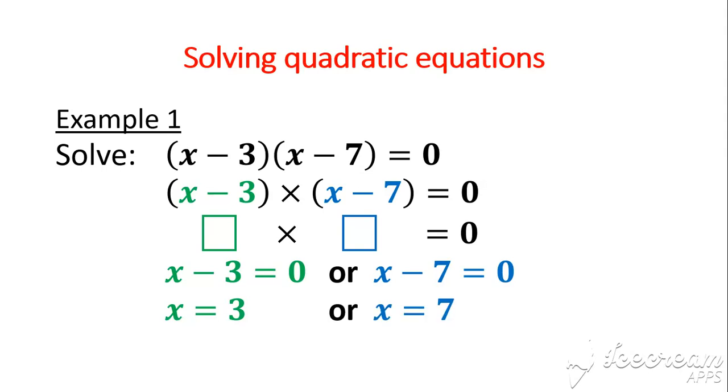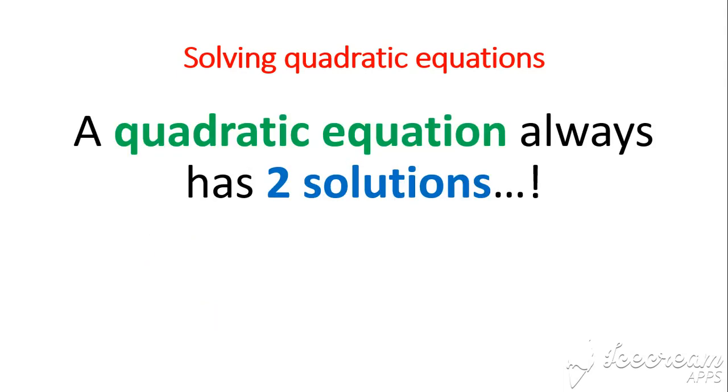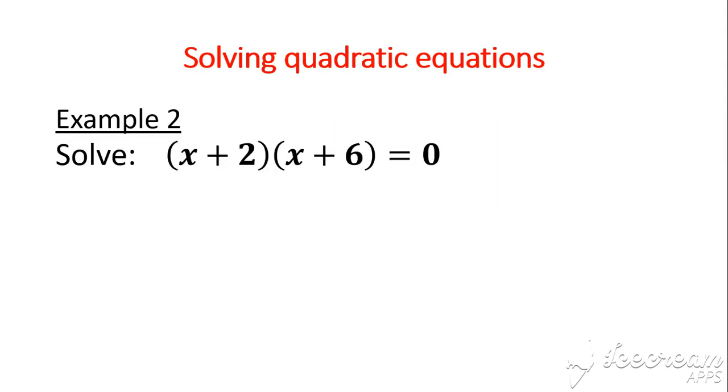If I looked at the second bracket and put the number 7, 7 minus 7 would be 0, and the second bracket would become 0, which would make the whole thing 0. So my two possible answers are 3 or 7. And remember, there are two solutions for a quadratic, and I've found two solutions. So, key thing, a quadratic equation always has two solutions.